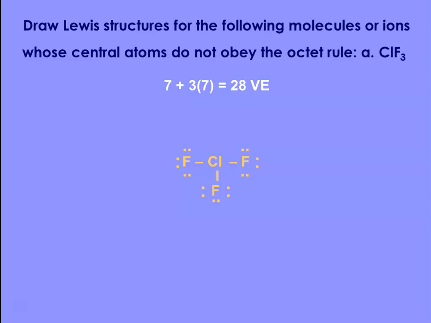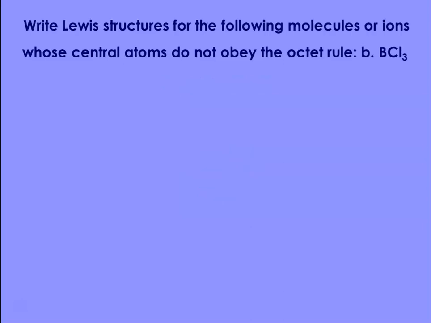I have 4 remaining. So we're going to need 1 pair to go on to the chlorine in the center because it still needs a 4th pair. But because we have 1 pair remaining, that 5th pair will also be able to go on chlorine's atom. Because chlorine is in period 3 or higher, it has open d orbitals, which can accept additional pairs of electrons.